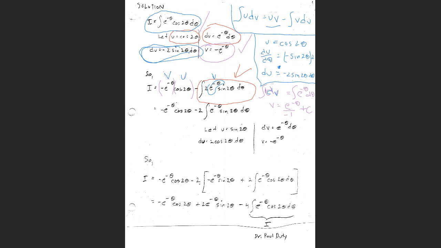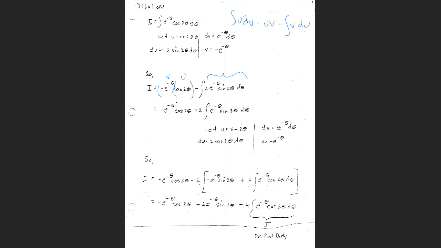Now hold on, let me do it again here. One moment. v u, and this entire thing: the integral of u dv equals u v minus the integral of v du.